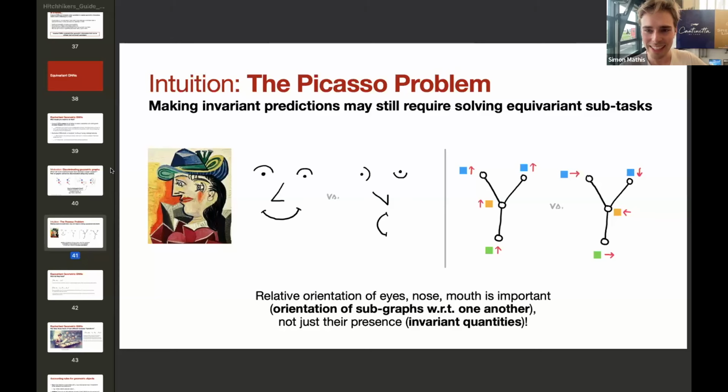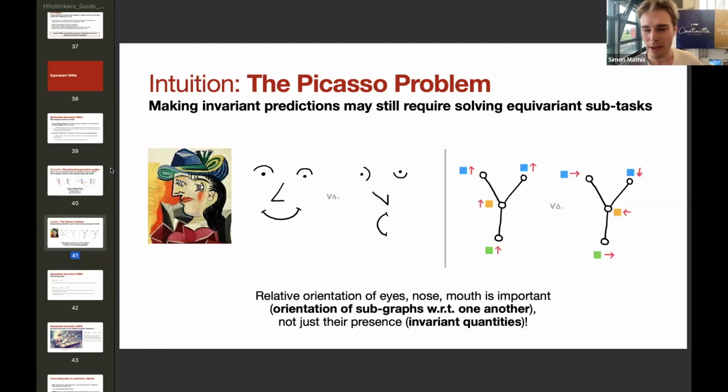And the tagline here is that sometimes, even though we might be interested in an invariant quantity at the end, say the potential energy of a particular molecule in a particular configuration, making this invariant prediction sometimes is easier, or may even require solving equivariant subtasks. And you can see it from this little image here. On the right-hand side, you can see little arrows showing how these components are oriented.